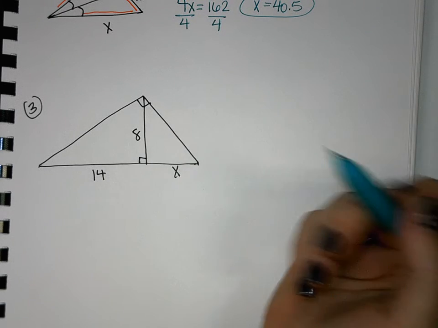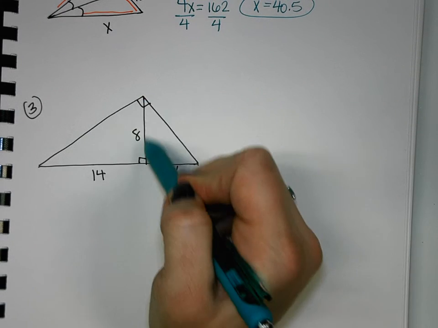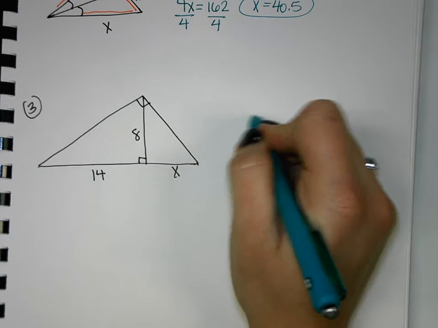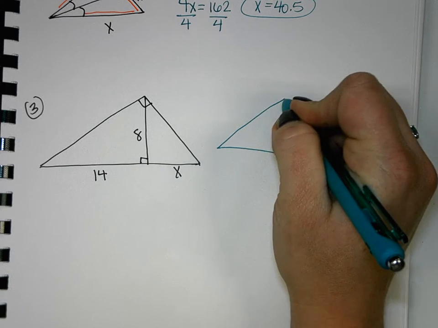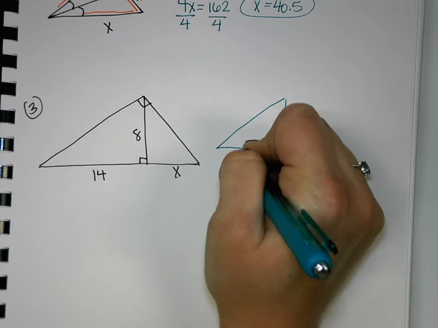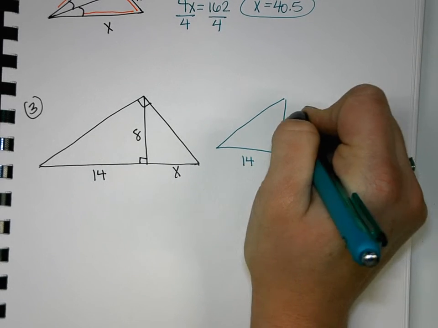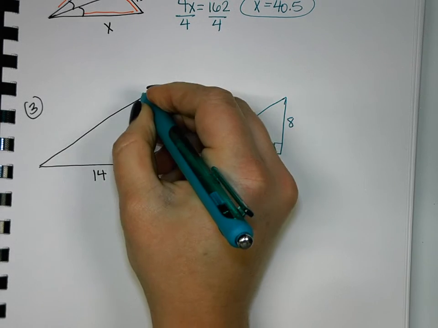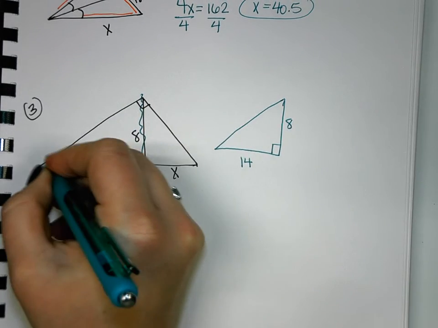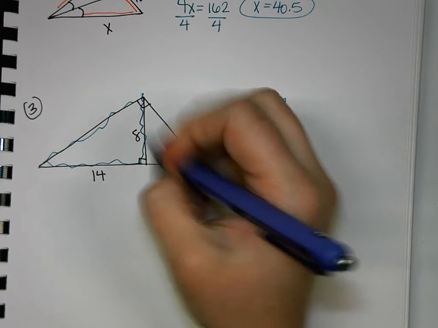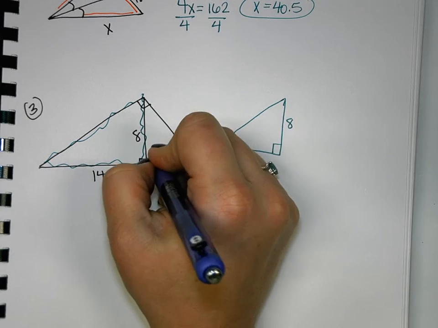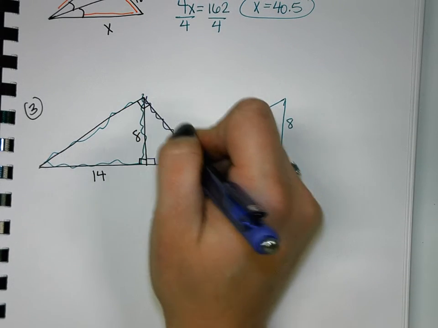So I notice that I have this triangle right here that I'm going to just redraw because I have some overlapping triangles here. I have my side that's 14 and my side that's 8. So that's this one right here. Now I have a second triangle that is also a right triangle, and that's this one here that I'm going to squiggle in purple.